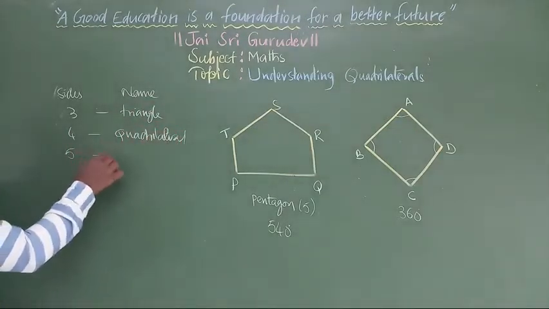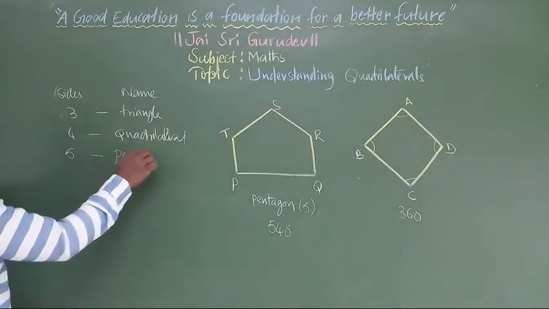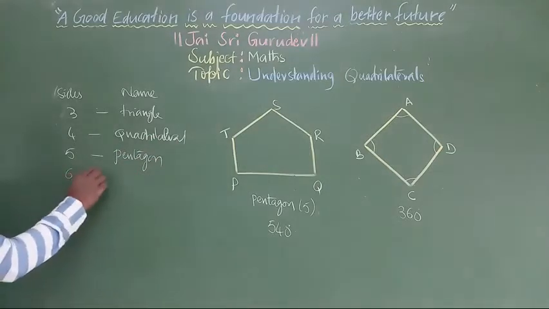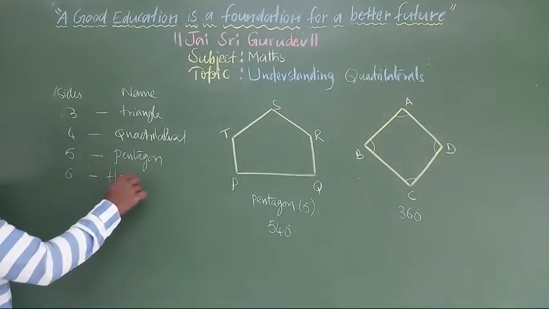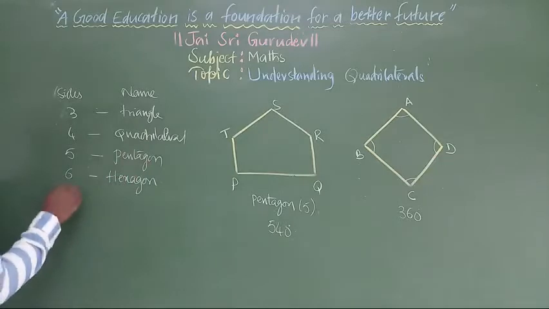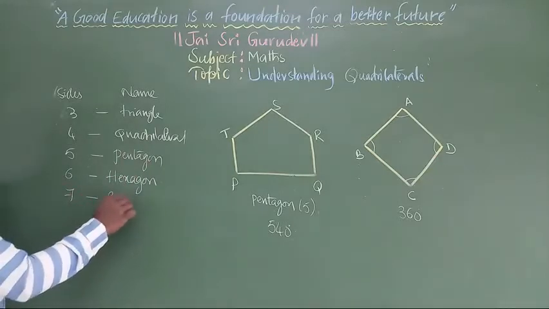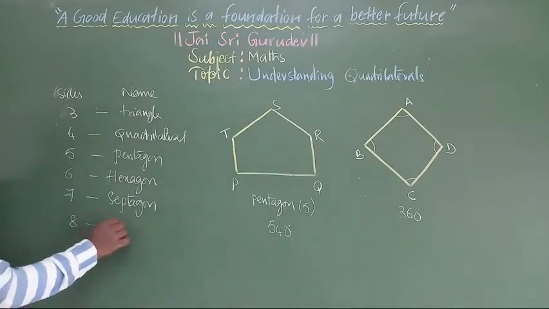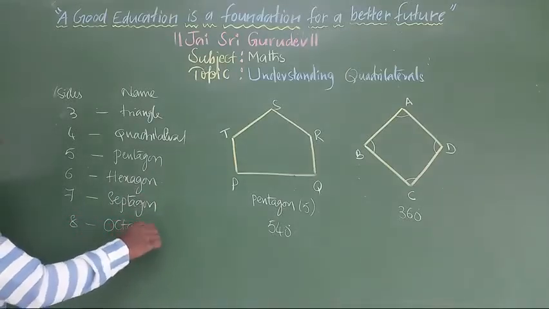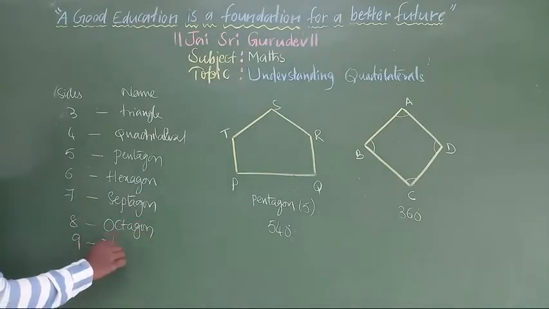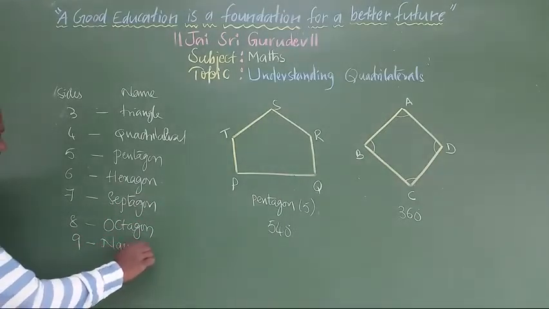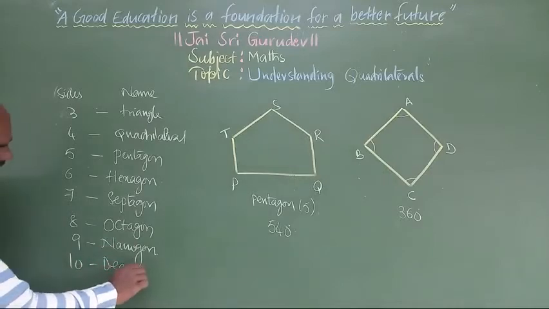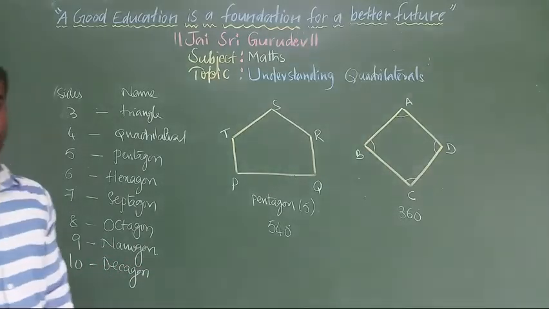Next, 5 is a pentagon, 6 is a hexagon, 7 is a septagon, 8 is an octagon, 9 is a nonagon, and 10 is a decagon.